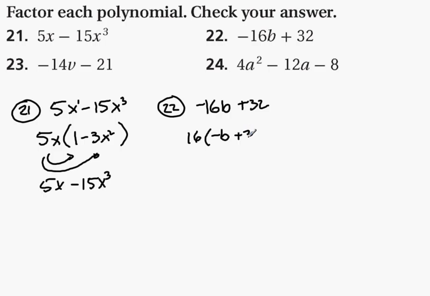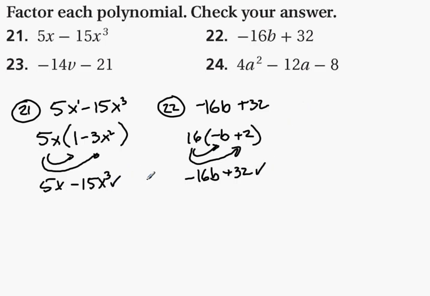And you pipe in 2, Mr. Levelford, and that would be absolutely correct. So, again, to check, distribute. If I were to take 16 and multiply it by both of the terms inside the parentheses, I would get 16 times negative b, which is negative 16b, and 16 times 2, which gives me 32. So that is indeed a correct factorization.